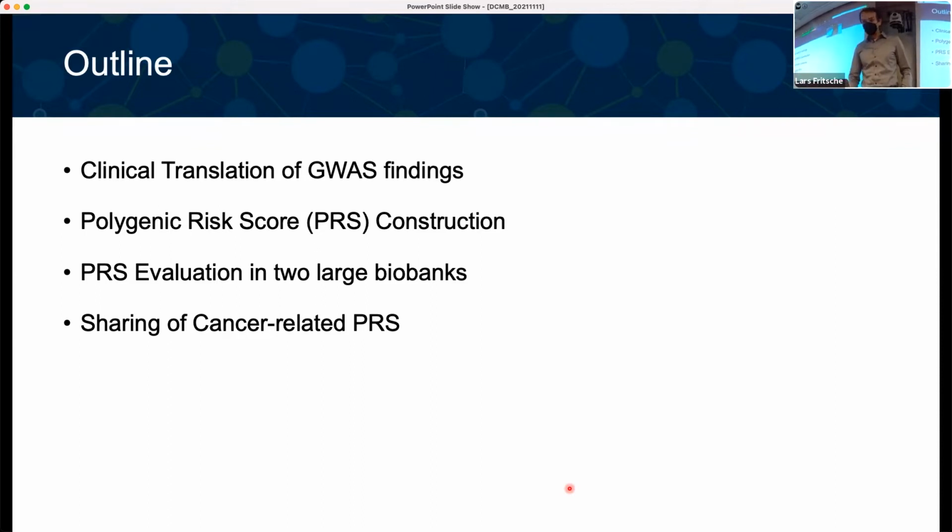And finally, show how we evaluated those cancer-related PRS in 2 large biobanks. And finally, show the platform itself that we use to share the polygenic risk scores, but also share their performance and all other kind of features, so other people can download and try those risk scores in their own data sets.